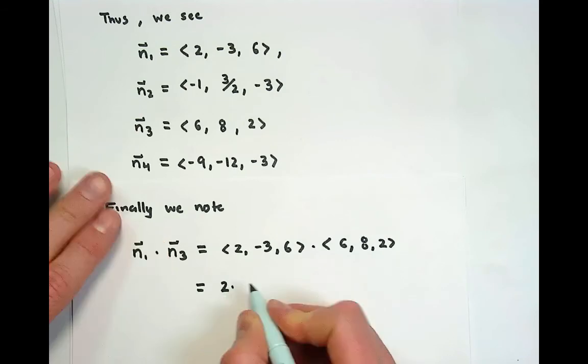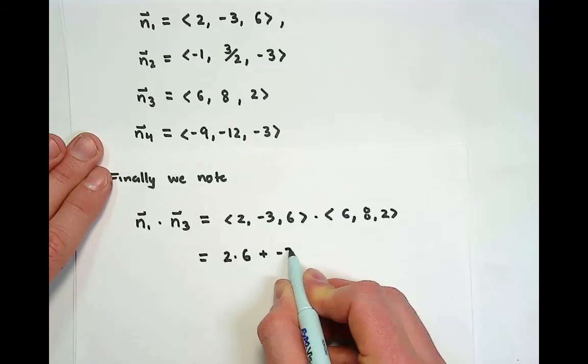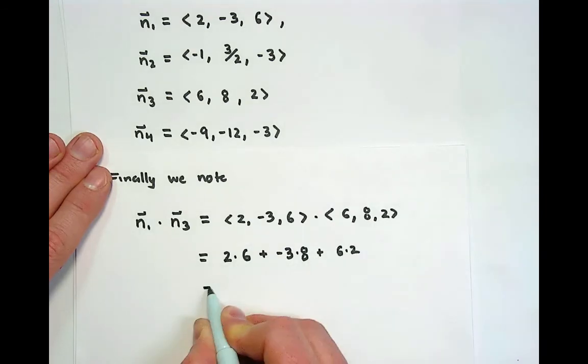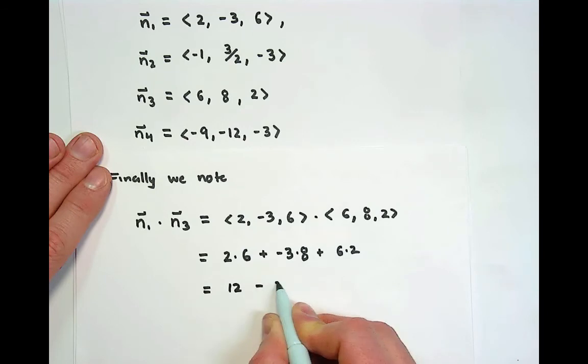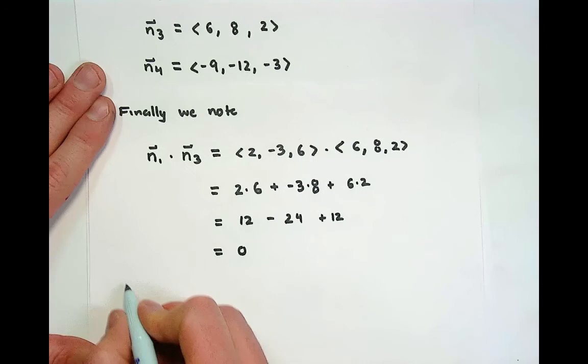Because I am tired right now and I don't want to make a mistake, I'm going to write this out fully. So here we have 12 minus 24 plus 12, and indeed this is equal to 0.